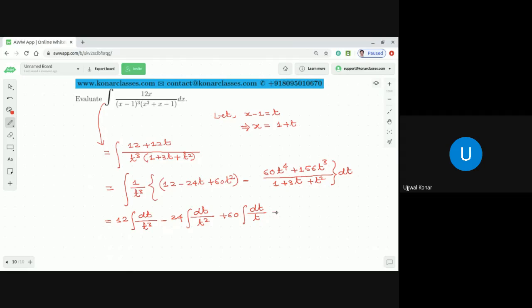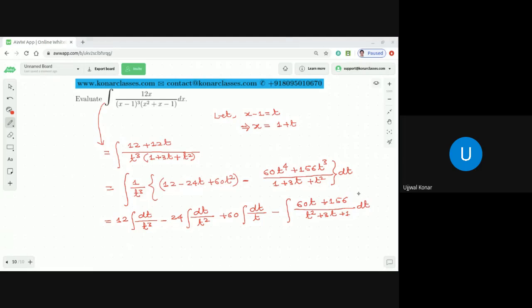Minus what you are going to get is minus integration of 60t plus 156, divided by t square plus 3t plus 1. Correct.